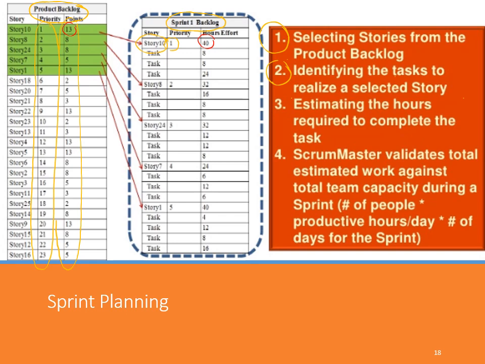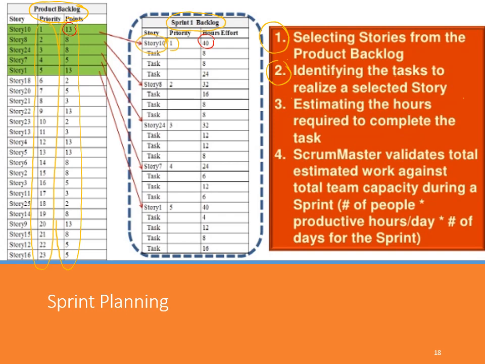Actually, we can calculate this to be different points, different values, or sometimes in a Scrum team, they use the same thing. That is, effort points are defined in a way that reflects the number of hours to be used, something like that. But in this example, we use different values.